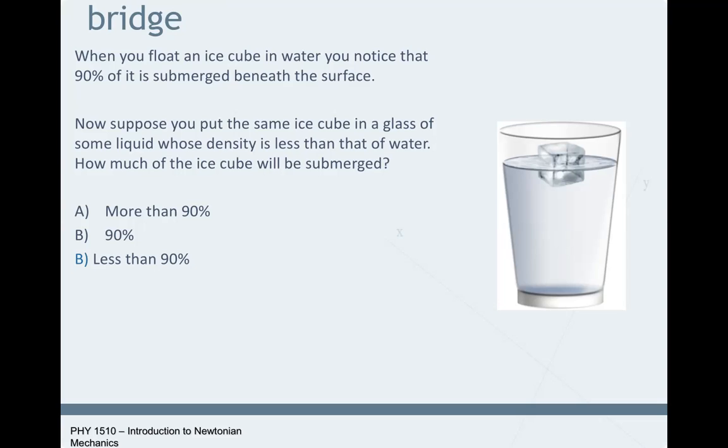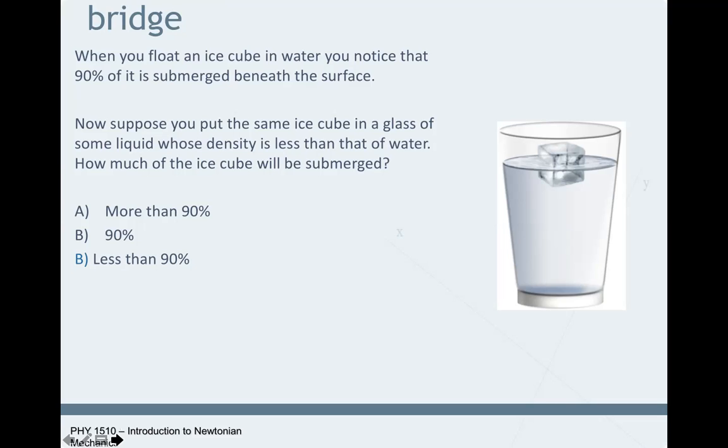Now we know that you need to provide the same buoyant force as before, right? To support the weight of the ice cube. So the buoyant force is rho g V: the density of the liquid times the volume of the displaced liquid times little g. Now, if you put it in a liquid that's less dense, with a smaller rho, then your V has to go up.